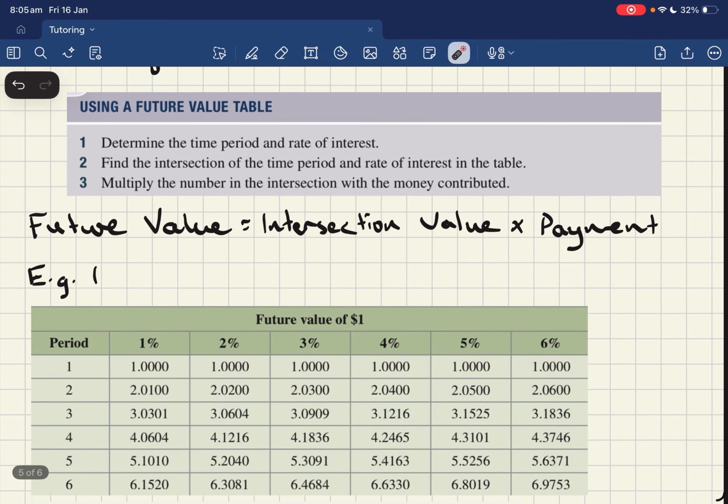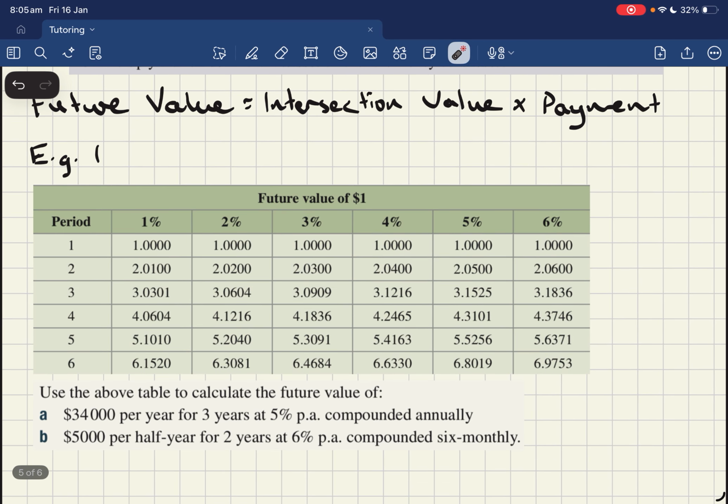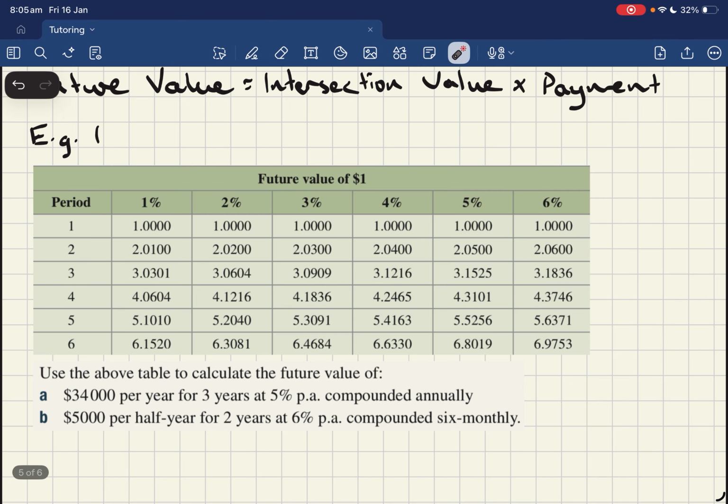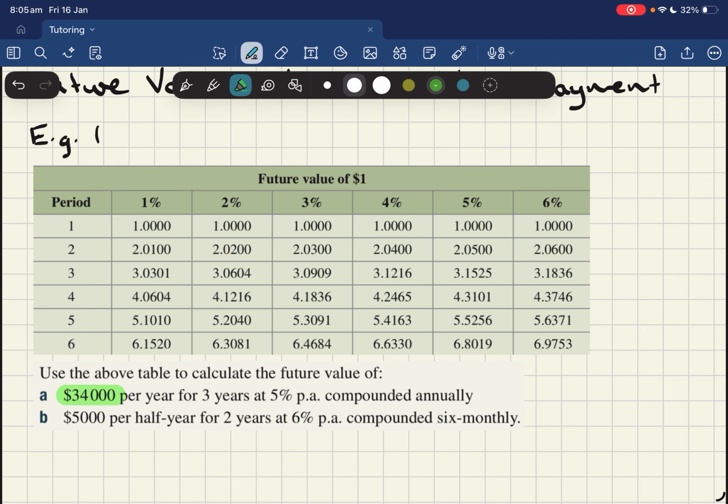So in example 1, we have this future value table. So immediately, it's easier to work with than a recurrence relation because we just have to find our value on the actual table. So what we're going to do, looking at this table, it's saying that we are using the above table to calculate the future value of $34,000 per year for 3 years at 5% per annum, compounded annually, okay?